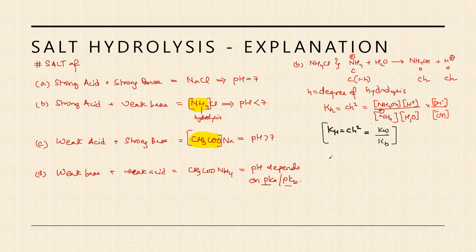Okay, and if I were to write H plus ion concentration, H plus ion concentration will be equal to C times h. So can I say from here h is equal to root over Kw upon Kb times C?